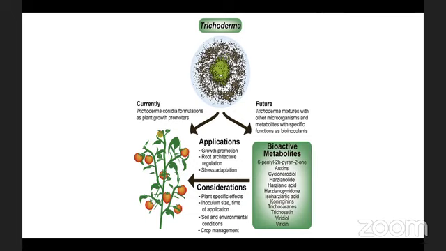So if we are using Trichoderma to increase the growth of a plant, we have to consider the plant-specific effects. It means that your desired plant in the farm should be compatible, mutually helpful with the Trichoderma.